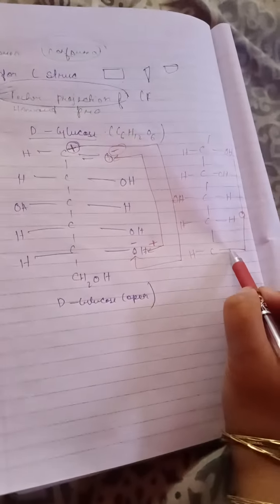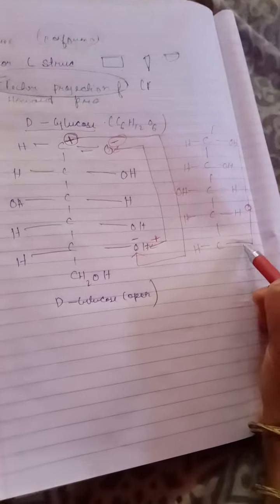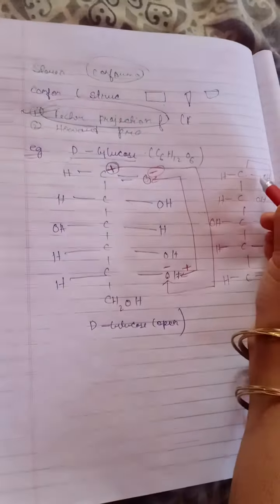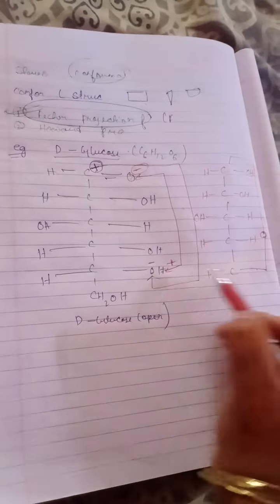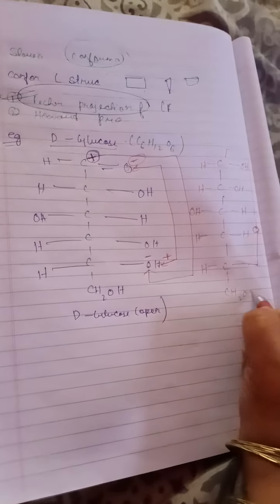This hydrogen goes here and breaks the bond, becomes OH, and this positive charge will react with this negative oxygen, and this oxygen goes right in the form of a ring. Here CH2OH remains unchanged. Very simple.